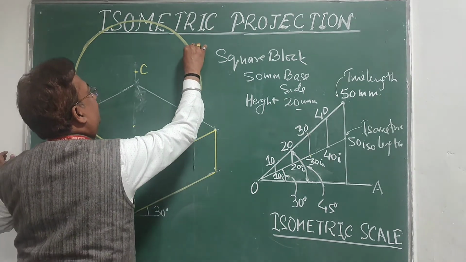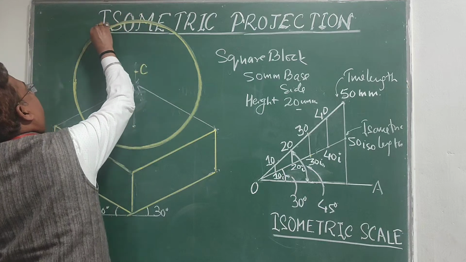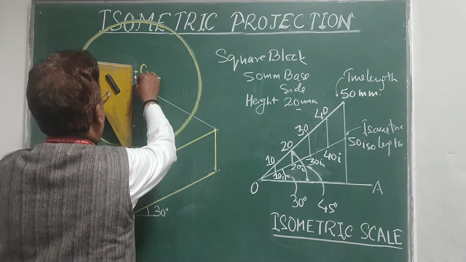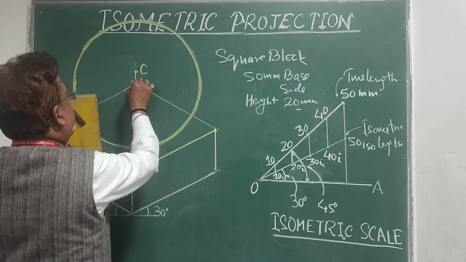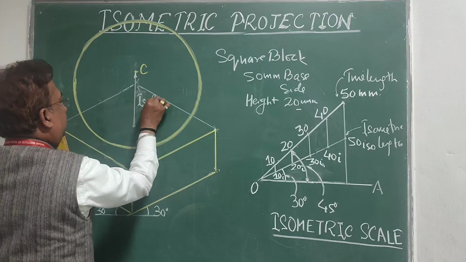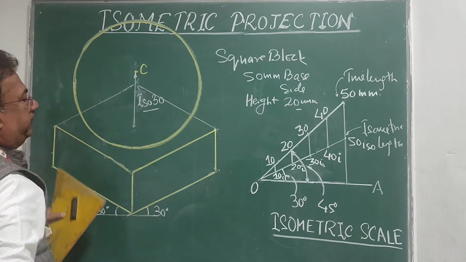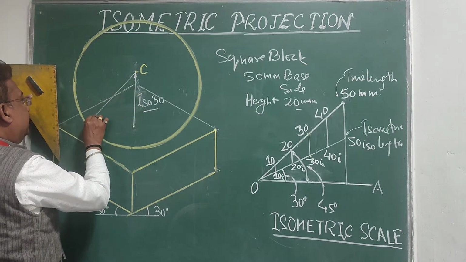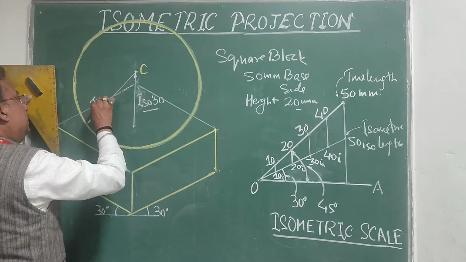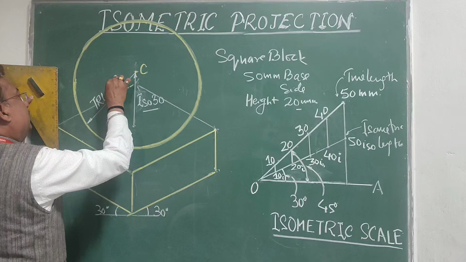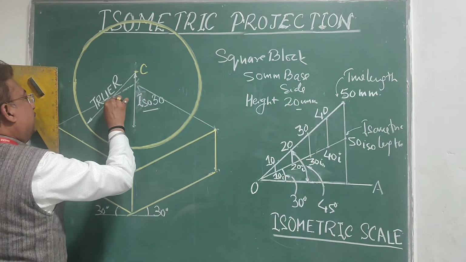What we want to observe is that when we draw this sphere, the sphere comes a little below the actual position. This distance will be ISO 30, that is 30 into 20 upon 7, but the radius of this sphere will be the true 30, means true radius, 30 mm.